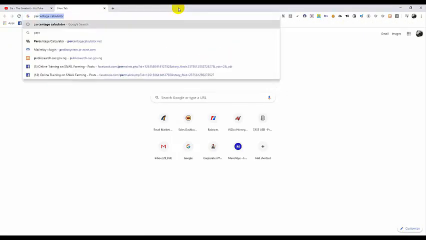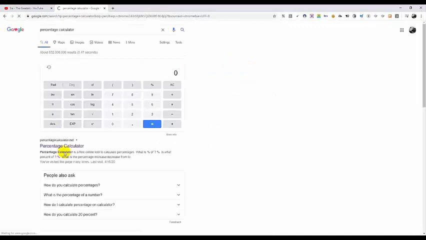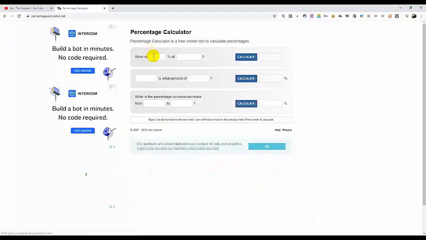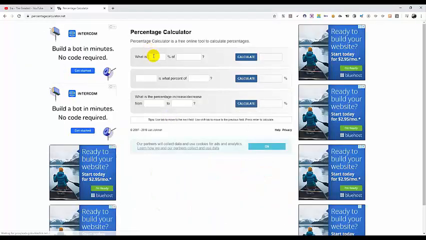So I'm going to use a tool called a percentage calculator. Let's see how this will affect your account. You bought Bitcoin at 7,450. Where is your take profit?